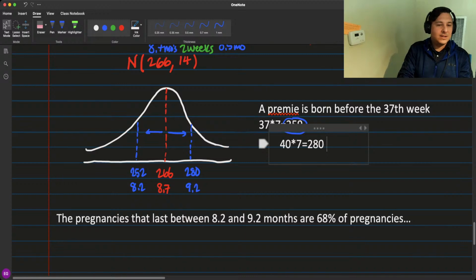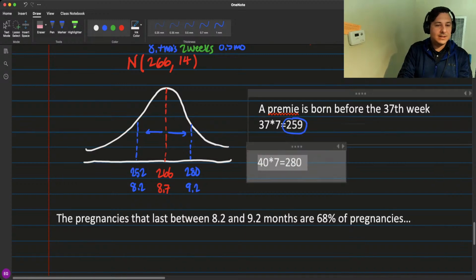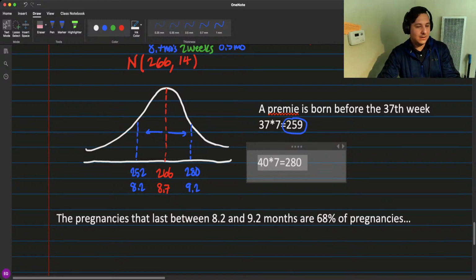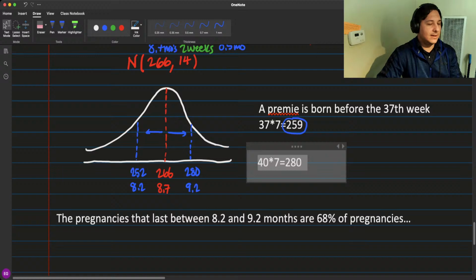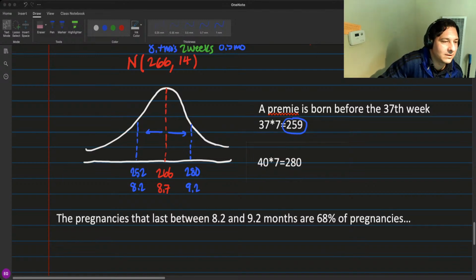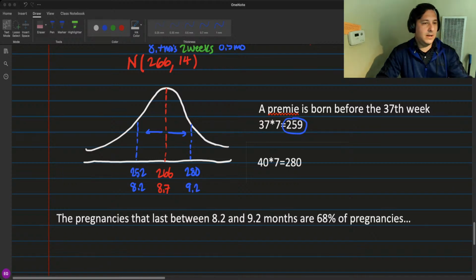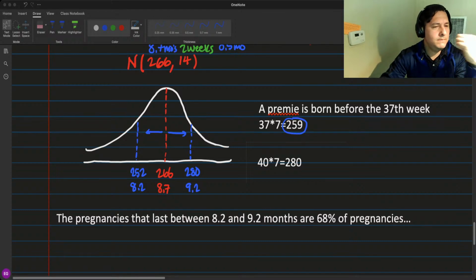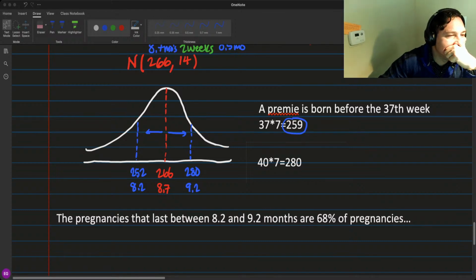So, this makes no sense. I feel like the average should be 280 then. Okay, I need to do some more internet sleuthing, because I think our numbers are wrong here. This doesn't seem right. I think my numbers are wrong.